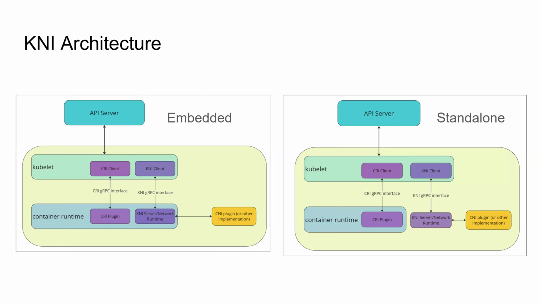In this model, the kubelet becomes the KNI client, and then we have a running process called the network runtime, which could be used for executing CNI plugins or another implementation of your choosing. And this is where a few people have reached out with some confusion that, yes, the kubelet is the KNI client in the current proof of concept.